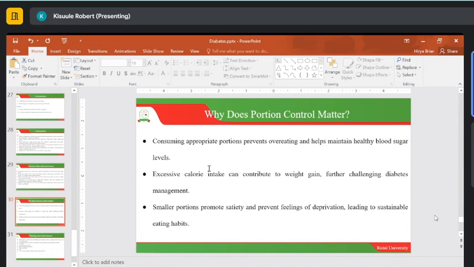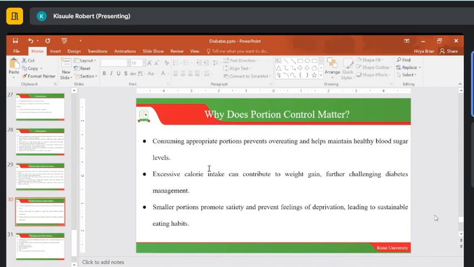At the end of the day, you will see that the nutritionists themselves are suffering with diabetes compared to the person who has very little or no knowledge about nutrition. Excessive calorie intake can contribute to weight gain, further challenging diabetes mellitus.